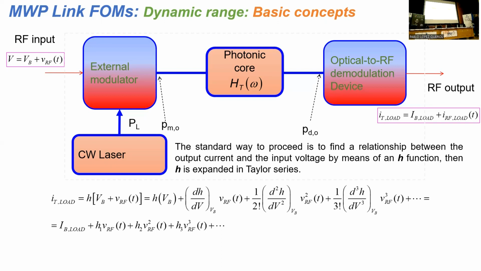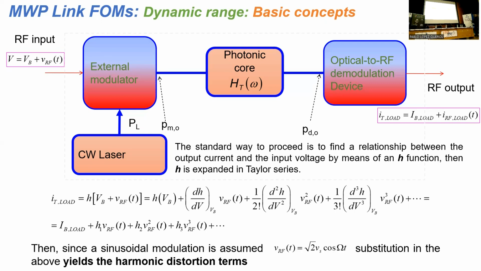Now, the nice thing about this is that the output current is expressed in terms of your linear input voltage, but also you have higher order terms, and this is where intermodulation and distortion come from. So just think again of a very simple example.